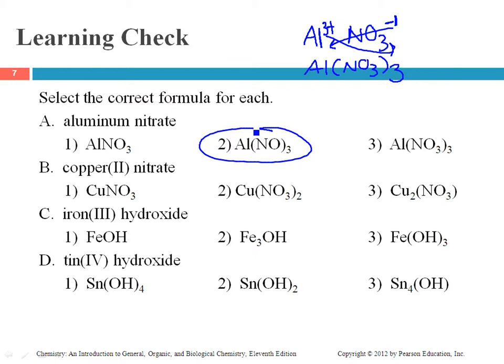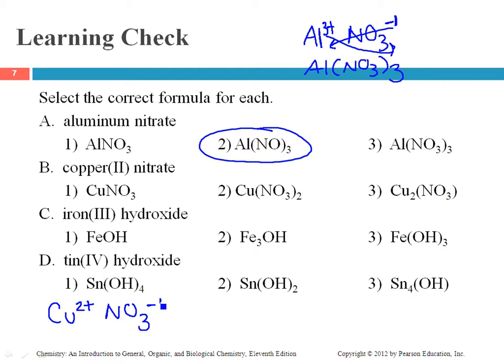Now we have a polyatomic ion, and we have a transition metal. So what are we going to do here? Well, we're going to do the same thing. We've got copper, and we know that the Roman numeral is the ionic charge, so it has a 2+ charge, and we have nitrate again. If we look on our table, we have a -1 charge there.